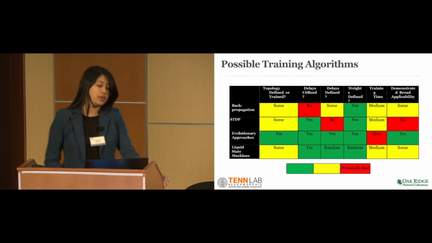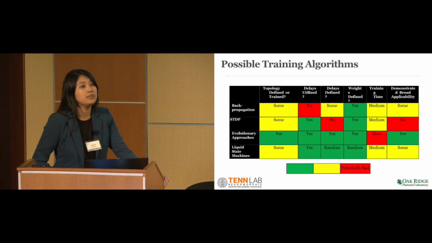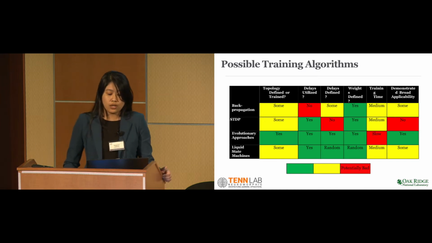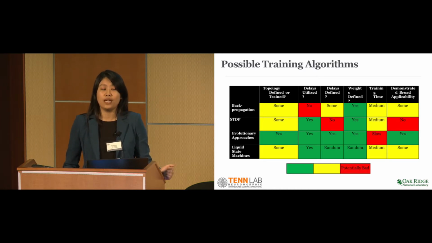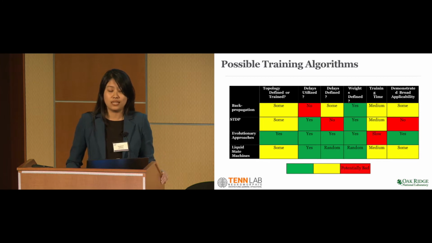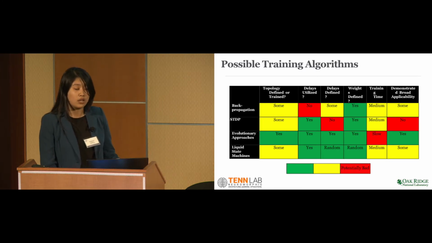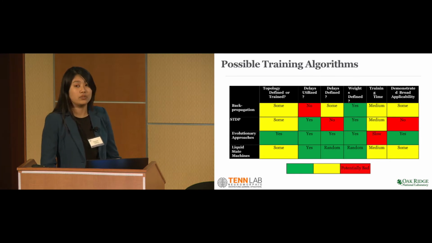Now let's take a look at some possible training algorithms that we have considered for this work. We have some performance metrics that we use so that we can compare different algorithms in our studies. Those are: is the topology defined or trained? How are the delays, and are the delays defined or utilized?